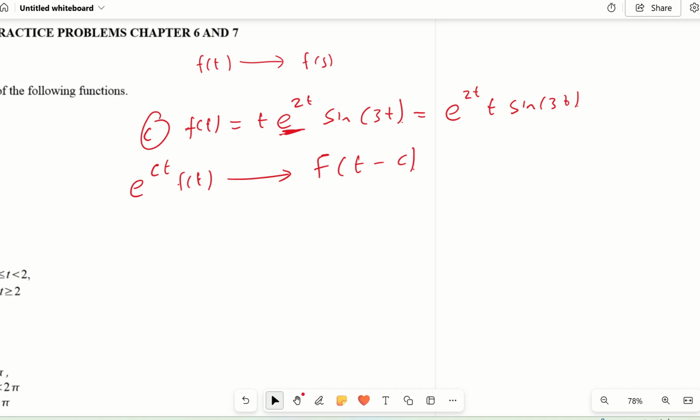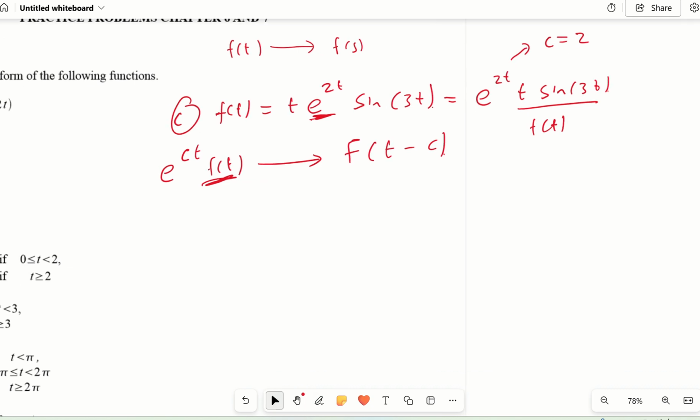I hope we are together up to this far. So when you look, our c is 2, and this will be our f of t from here, right? I hope we are together up to this far.